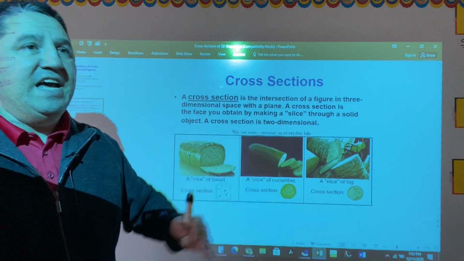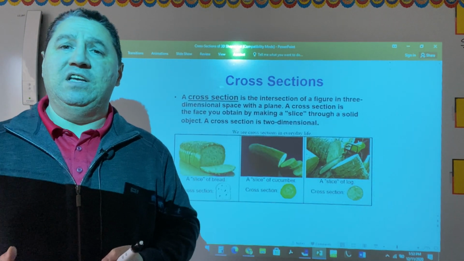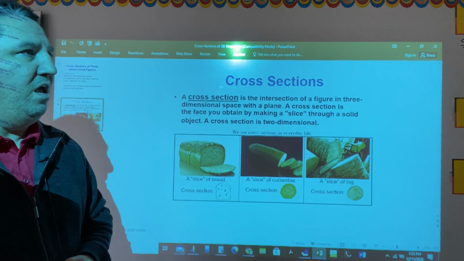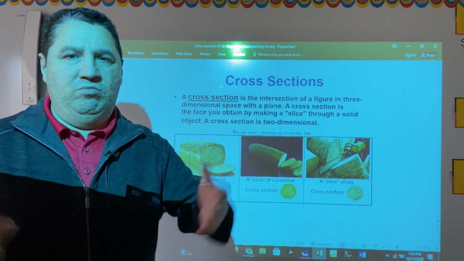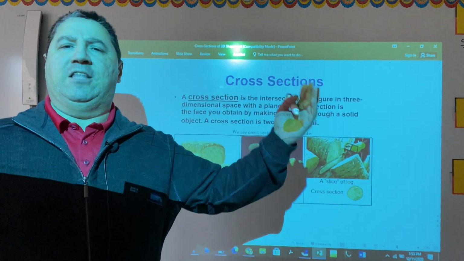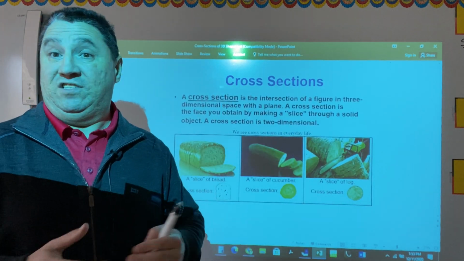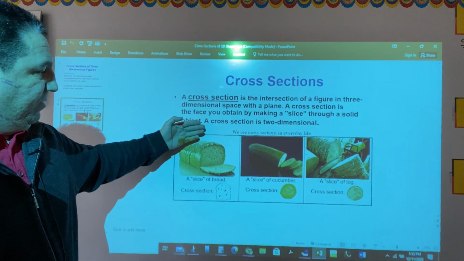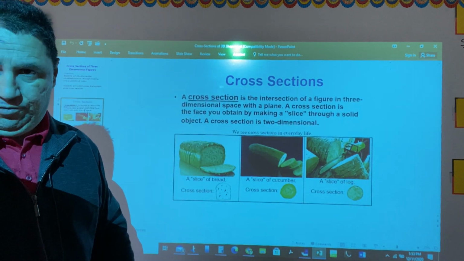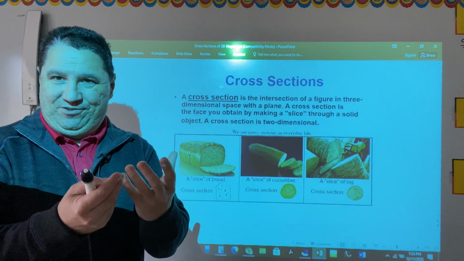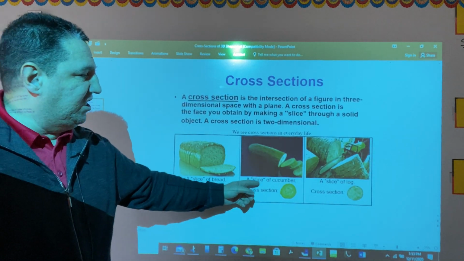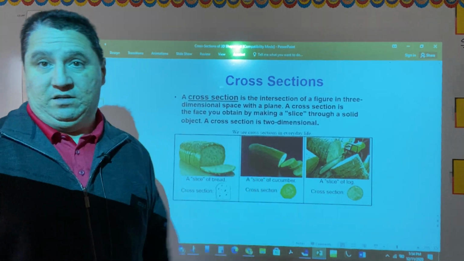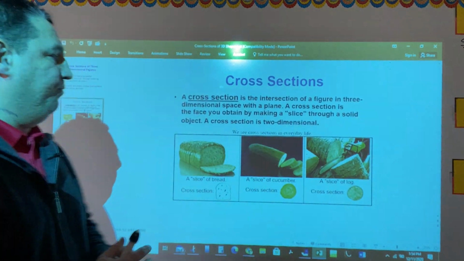A cross section is, as I said earlier, usually a two-dimensional shape. And I know we've seen a lot of cross sections in real life. For example, a slice of bread is a cross section. A slice of cucumber is another cross section, and so on.